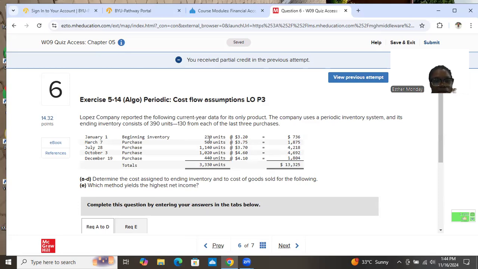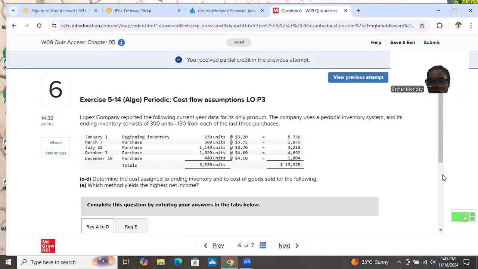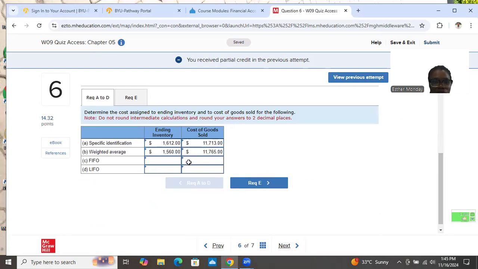So you add these to get the first cost of goods that has been sold, and when you add them together and multiply by their unit cost, this is what you will have.